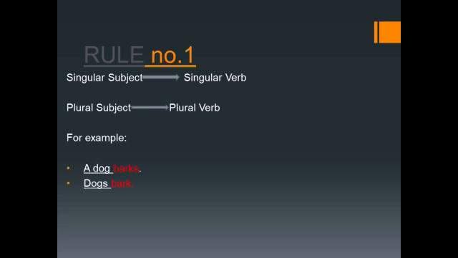In the second sentence, there is a plural subject with a plural verb. Students, one thing to remember: verbs do not form their plural by adding an s as nouns do.